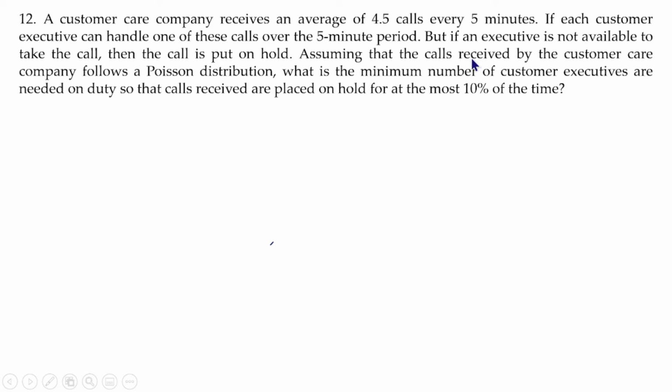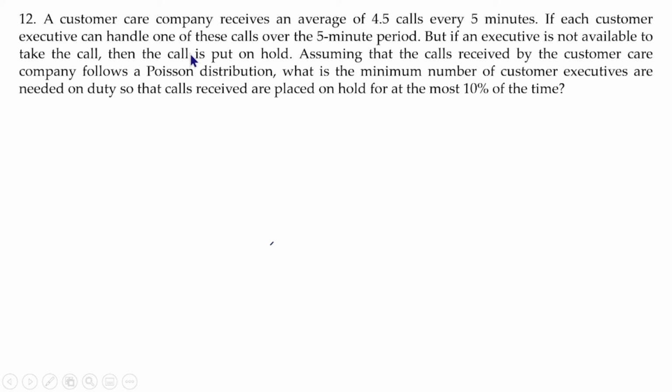Assuming that the calls received follow a Poisson distribution, what is the minimum number of customer executives needed on duty so that calls received are placed on hold for at most 10% of the time?